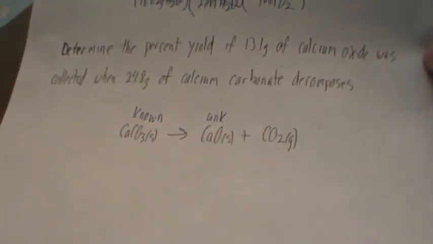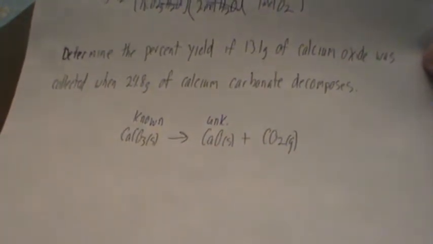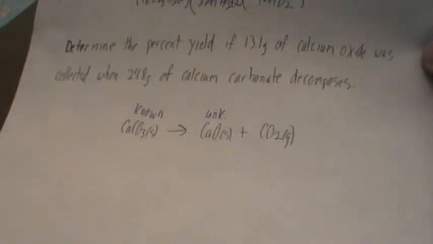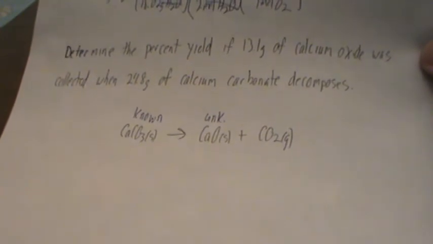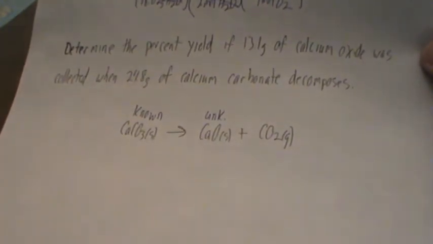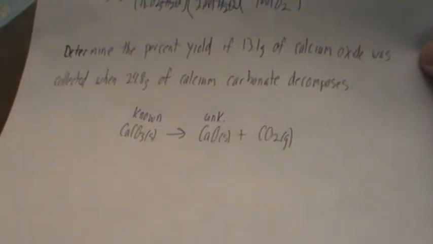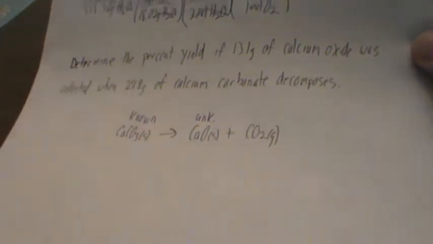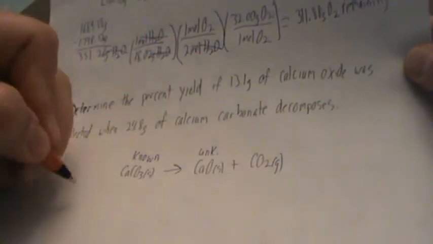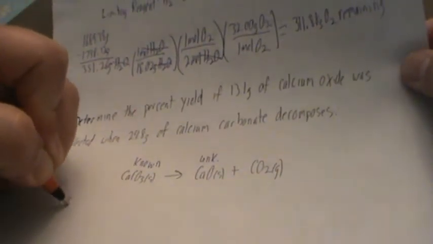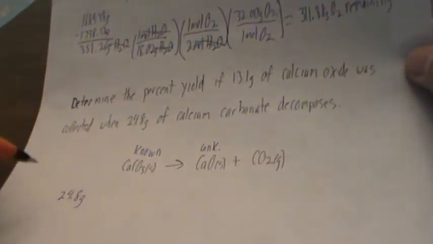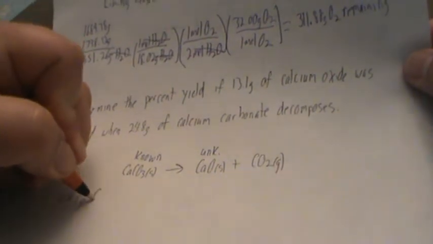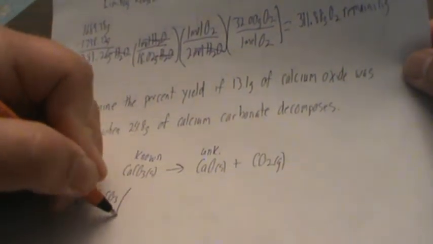Now, what stoichiometry shows us is what we should be getting from a reaction. In theory, this calculated number is what we should be getting. So we're going to set up a stoichiometry formula to figure out how many grams of calcium oxide we should be getting from this reaction. We start with our known, 24.8 grams of calcium carbonate, CaCO3.